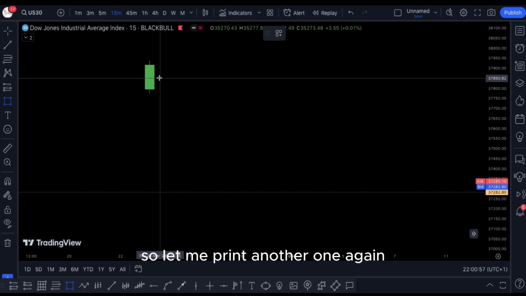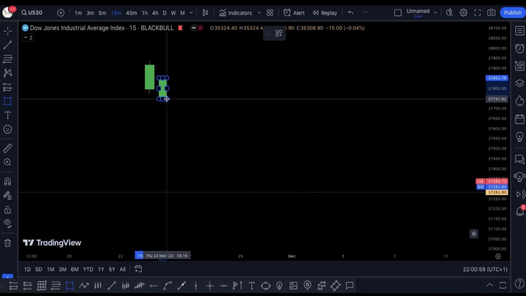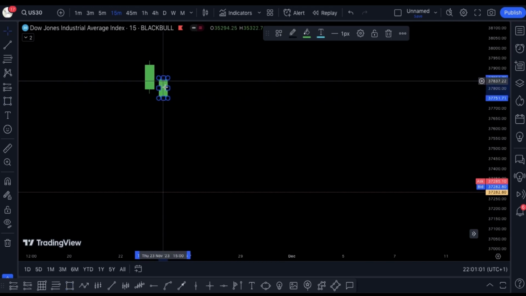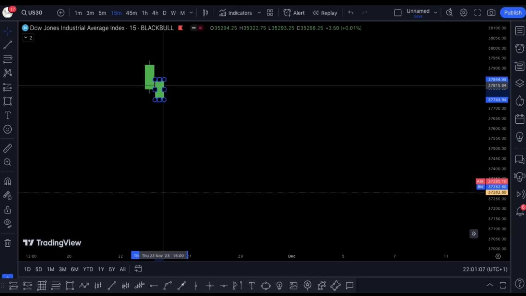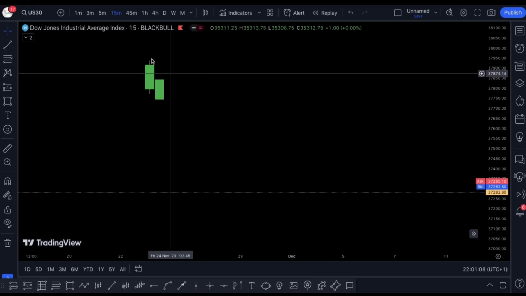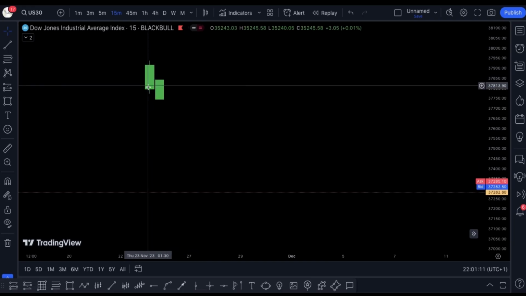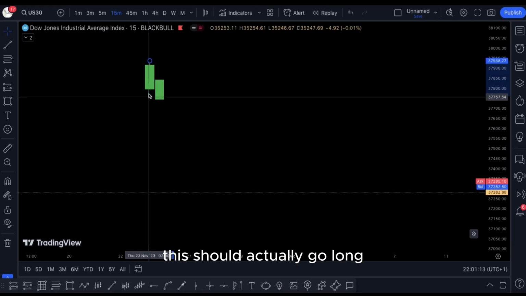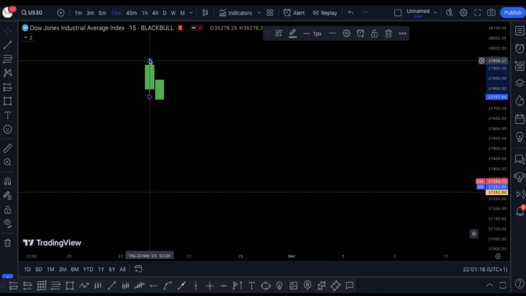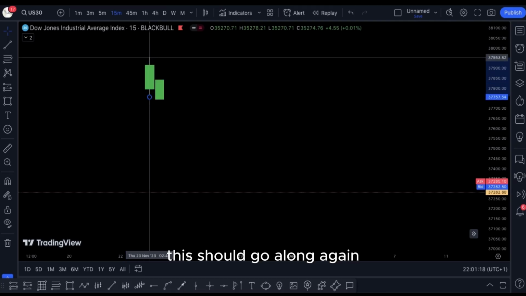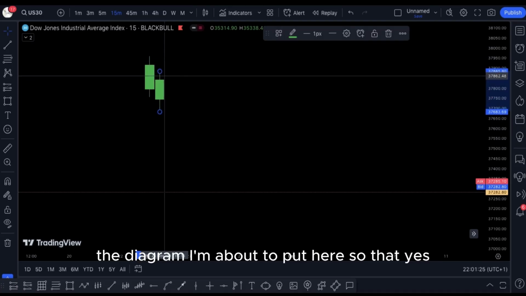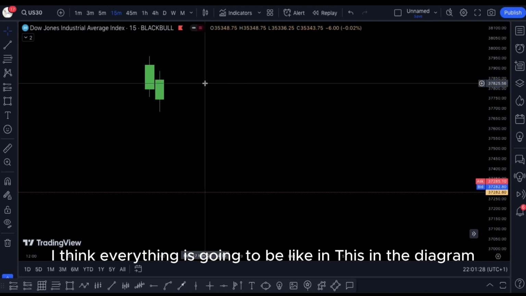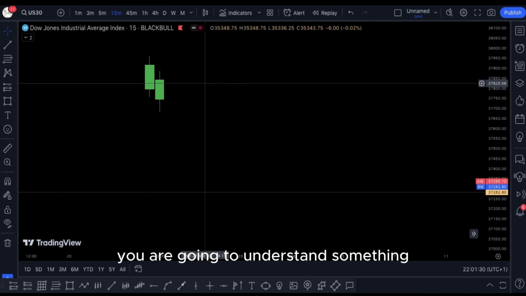Let me print another one again. This will actually go long. This will actually go long again. So don't mind me because of the diagram I'm about to put here, so that everything is going to be intact and you are going to understand something.